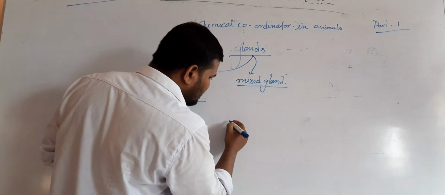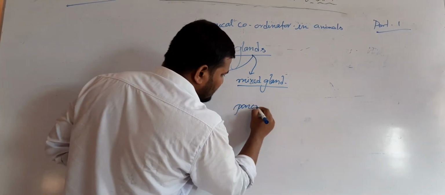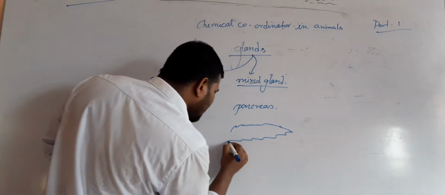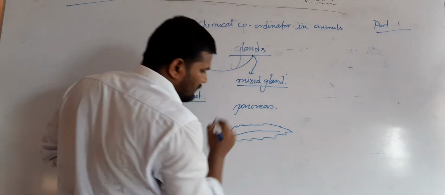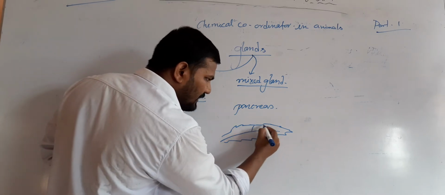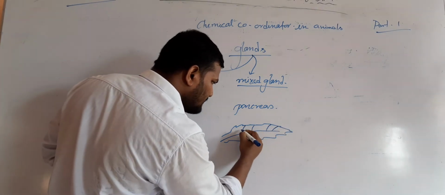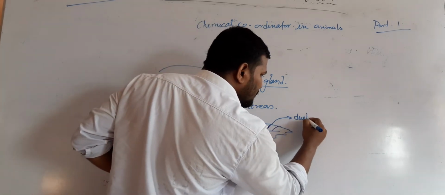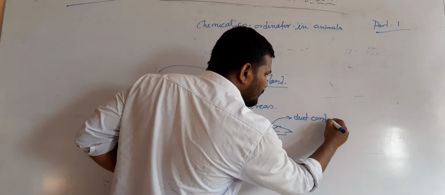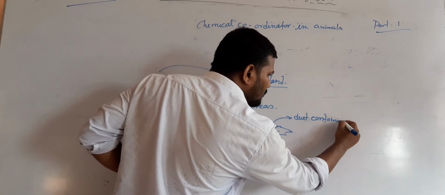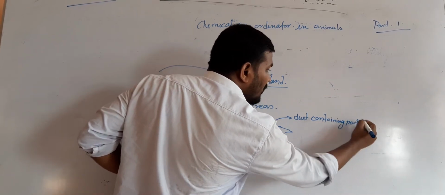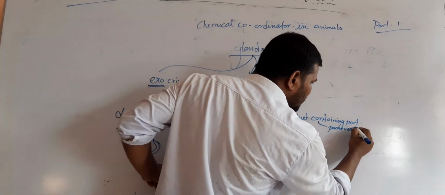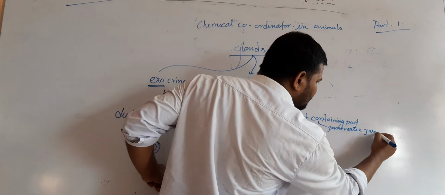When we observe the structure of the pancreas, this is a diagram of the pancreas. One portion has rod-like tubular structures, commonly known as the duct-containing portion, which secretes pancreatic juice.